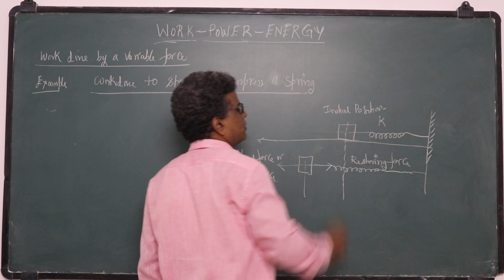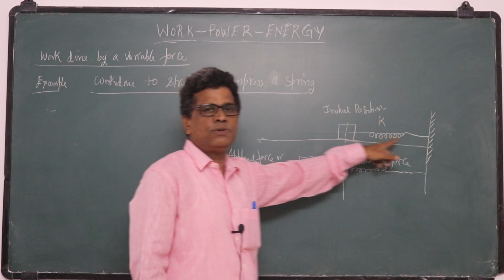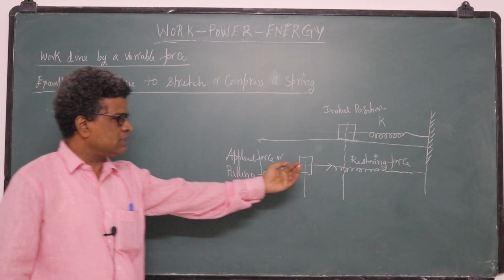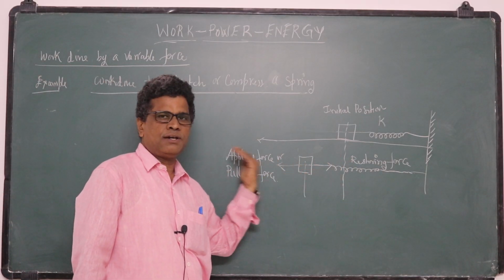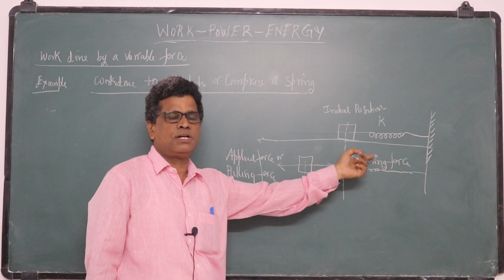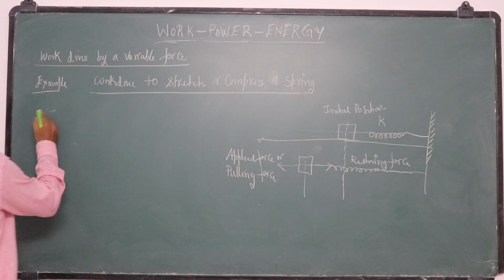Initially the spring is unstretched and has its natural length. When we are pulling, the spring starts stretching, the displacement gradually increases, and as displacement increases, the restoring force also increases.